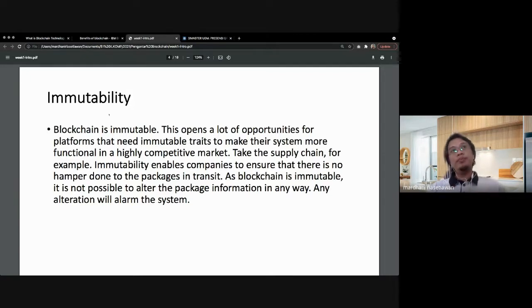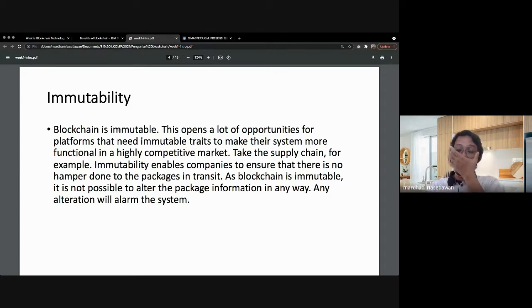So when you see immutability, you will understand why the architecture of blockchain is very different from a common system. That's why I explained in the first meeting, to bring you a new view of a new system we call blockchain.